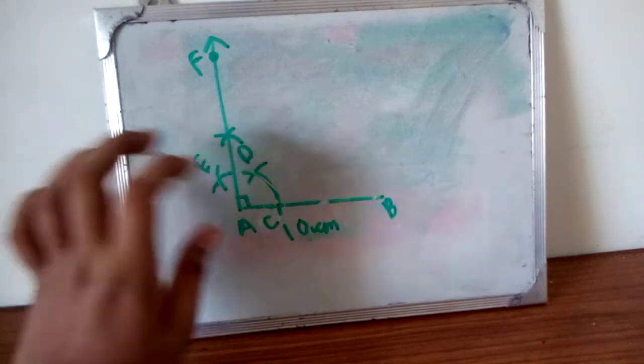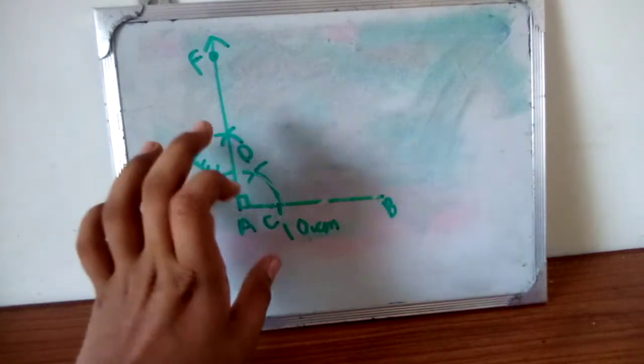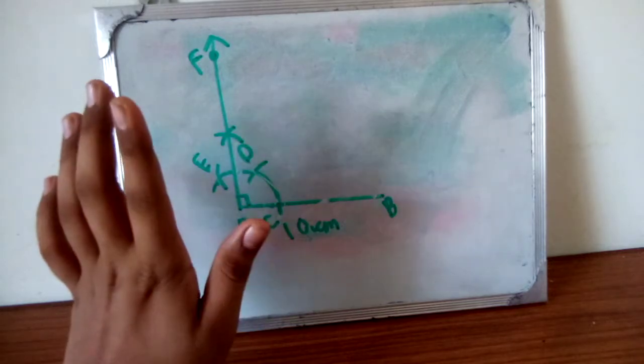Now we will make a perpendicular bisector of AB to have an angle of 45 degree.